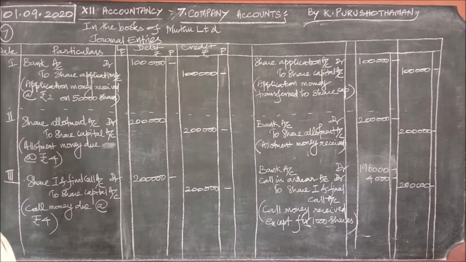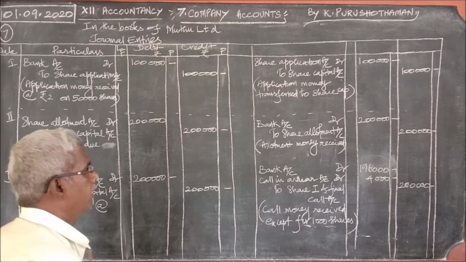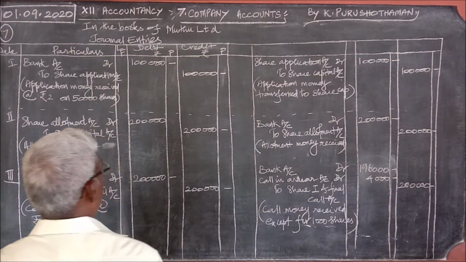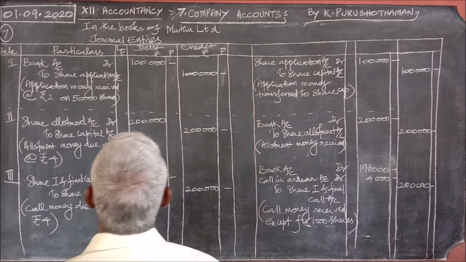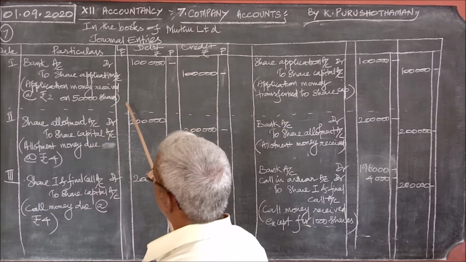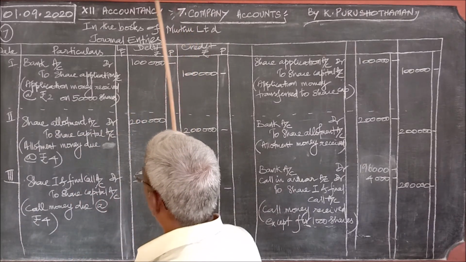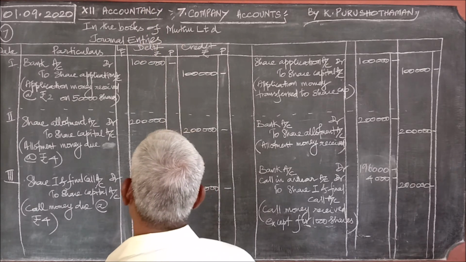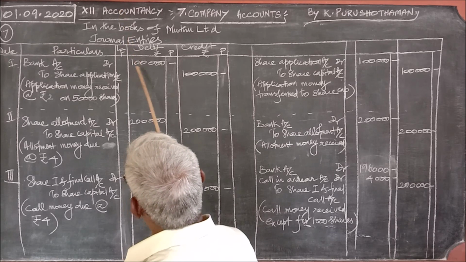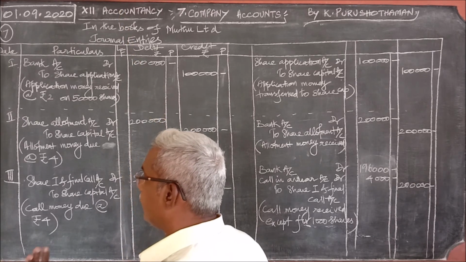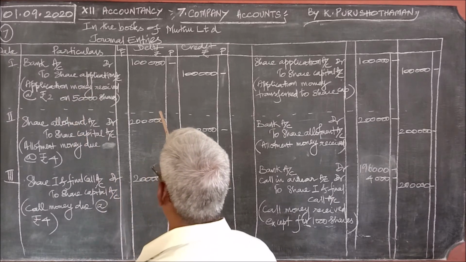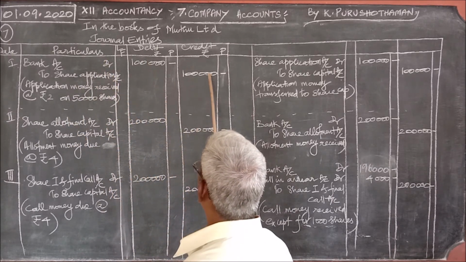There is a small diversion from the usual problem given under this 7. What is that? This Muthu Limited issued 50,000 shares to the public, and the application money was received for 50,000 shares at the rate of rupees 2, therefore 2 into 50,000, 1 lakh.